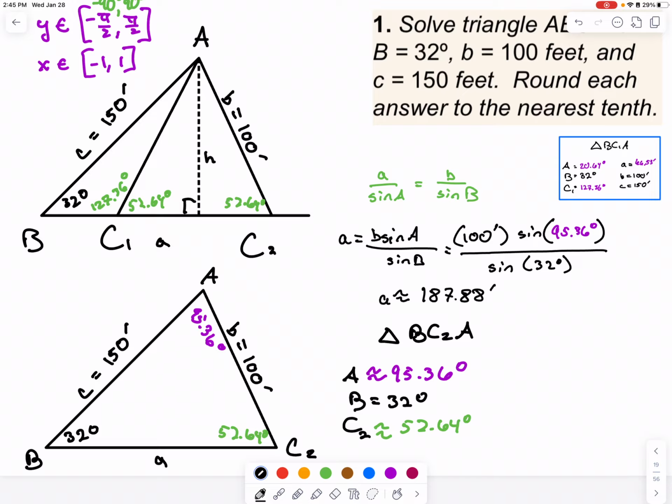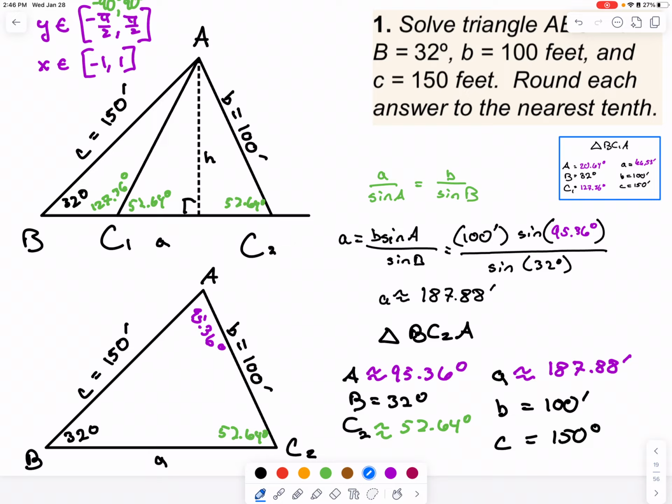Side A, we got approximately 187.88 feet. Okay, that makes sense. B, we were given B to be 100 feet. And I think we were given C to be 150 feet.